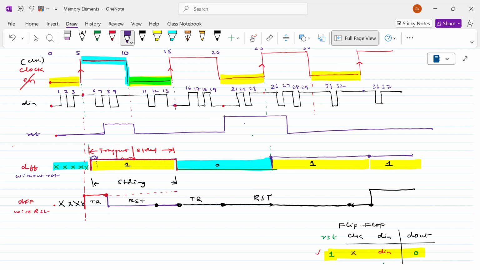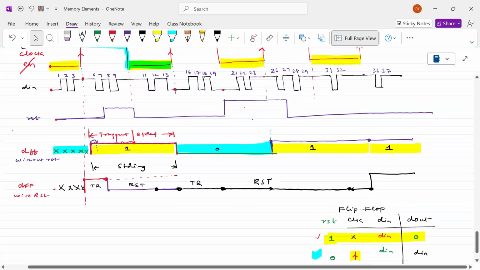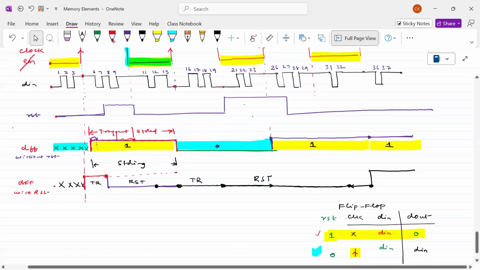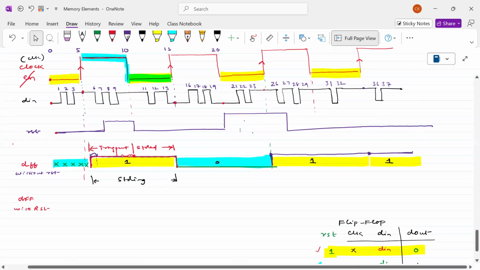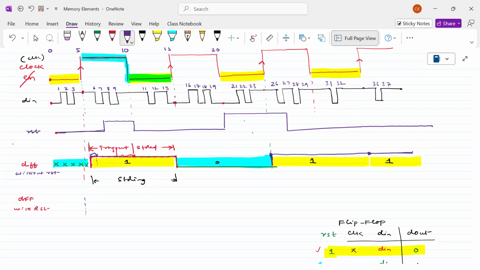Let us look at this particular waveform now. Unfortunately I removed that waveform, so this may also not be correct. Let me know what is the output of this one. We can see the change only when the clock has come.